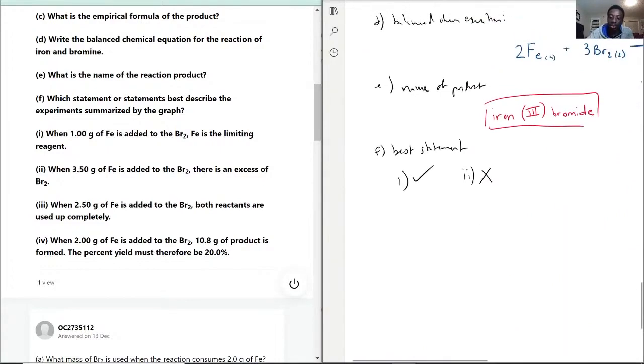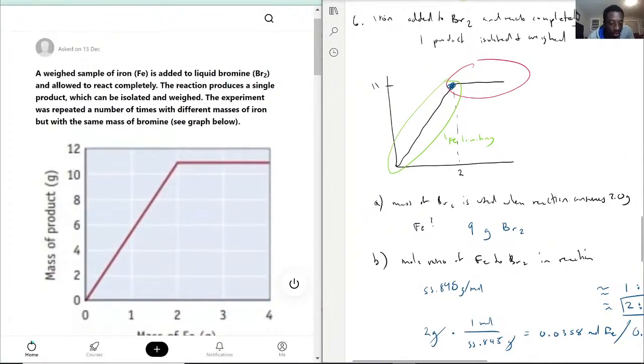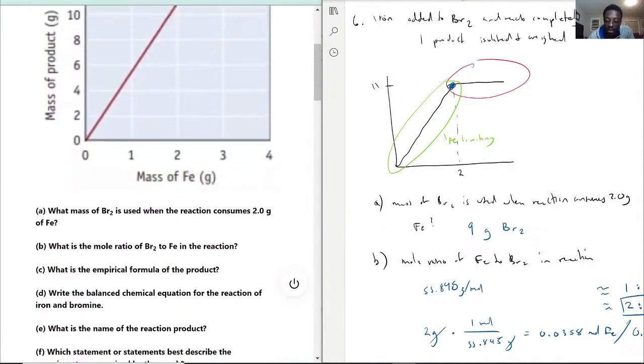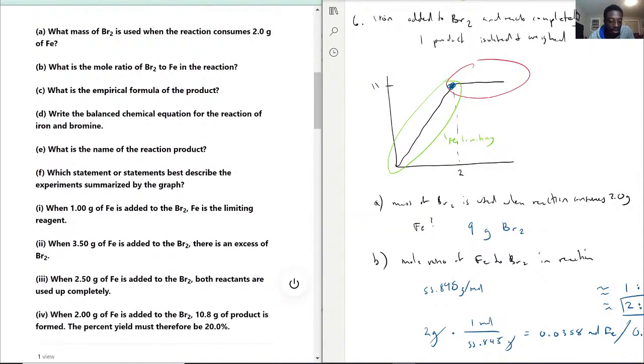So 3 is also incorrect. And then number 4: when 2 grams of Fe is added to Br2, 10.8 grams of the product is formed. The percent yield must therefore be 20%. It looks like 11 to me. Maybe it is just 10.8, which would make more sense.